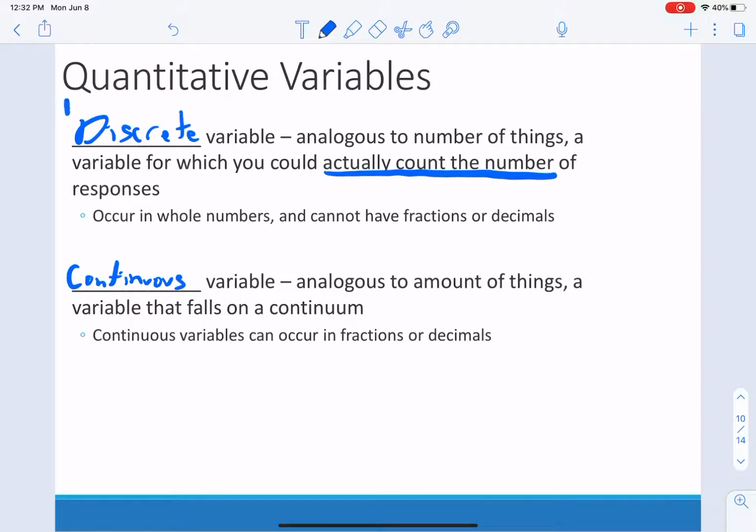We like to have things in a discrete way because that makes more sense. But if you think about it, when we're measuring height, you might round things off to an inch, right? 5'11", 5'10", whatever. But we know that not everyone is the same height.